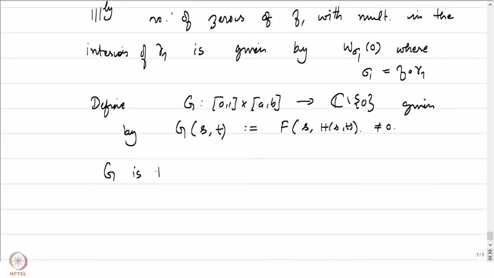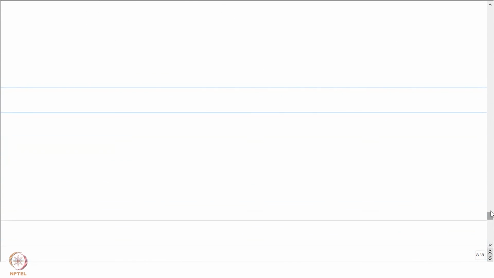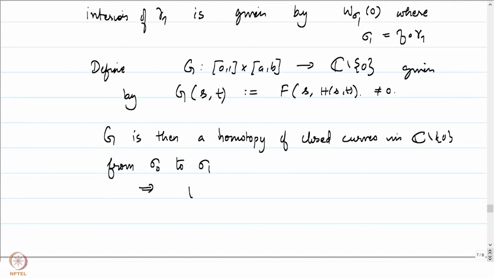One can check that g is then a homotopy of closed curves in C minus 0 from sigma 0 to sigma 1, and because of that we have W sigma 0 of 0 equal to W sigma 1 of 0.